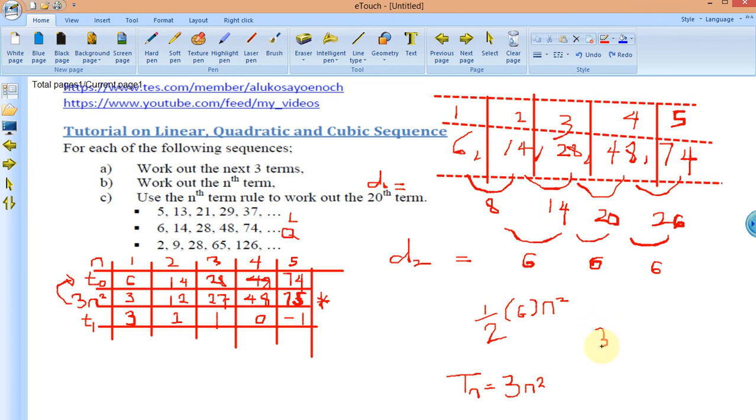I need to manage my board very well, so let me work here. The new sequence now is 3, 2, 1, 0, then minus 1. I don't want to put it in the table because it's a new sequence.